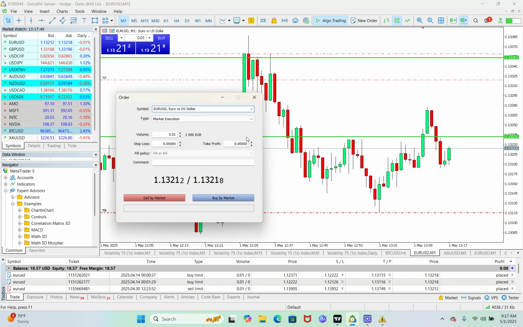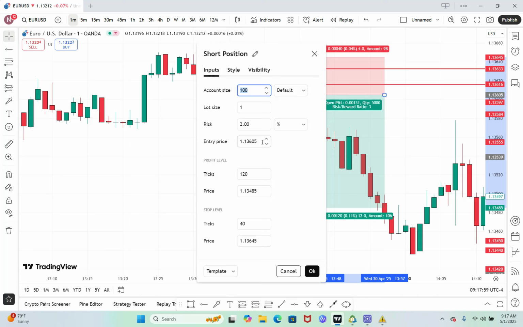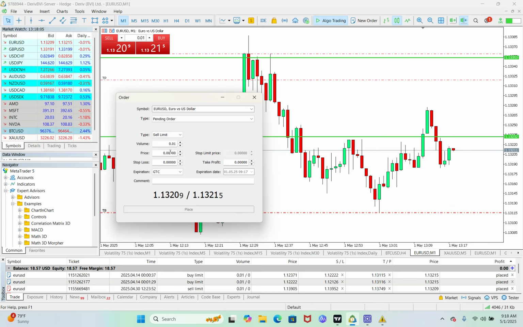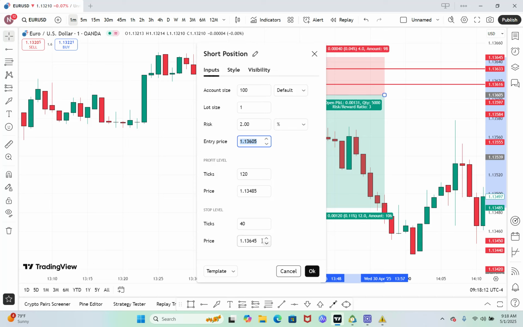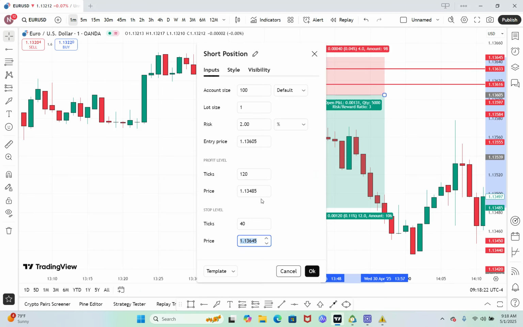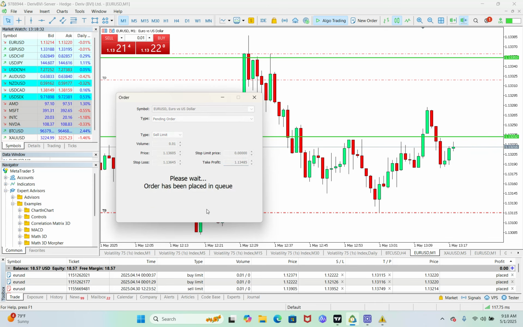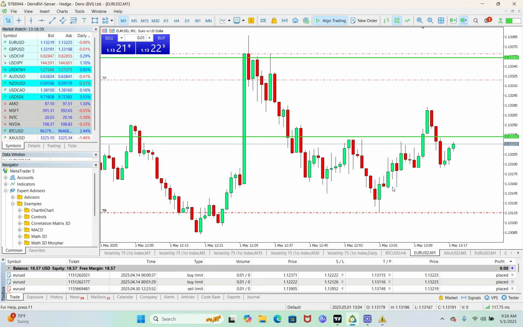Pending order, sell limit, price: copy, paste, stop loss, profit. That trade is set.